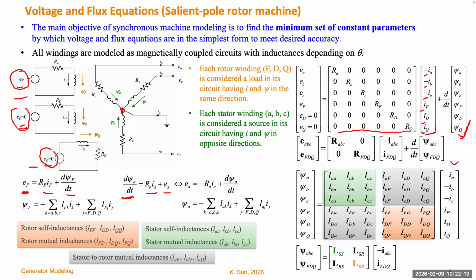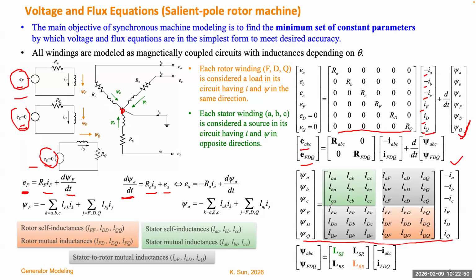Okay, so we can write this into matrix form. We have 2 vectors for voltages for the stator and the rotor, respectively. And then we'll have 6 flux equations, talking about how the flux linkage of each winding changes with the current, because all the windings are coupled together due to the revolving of the rotor.